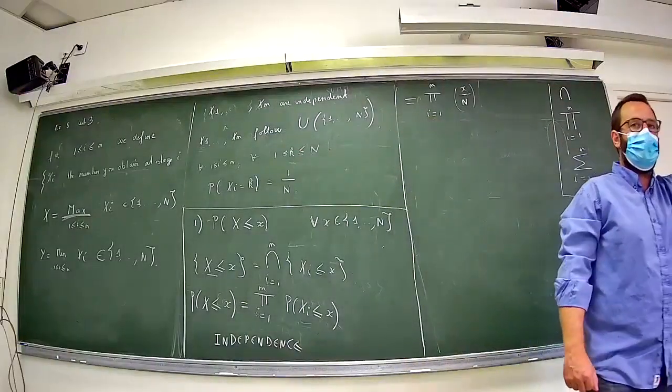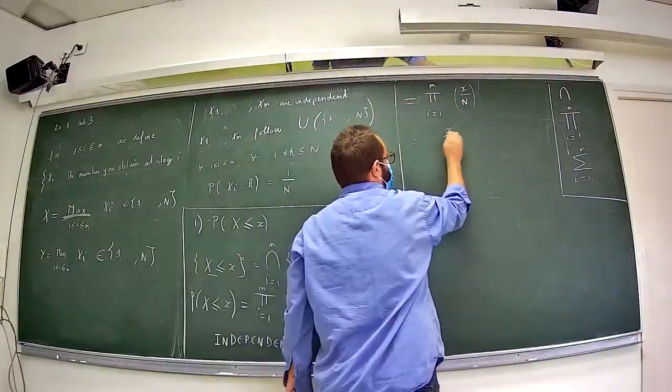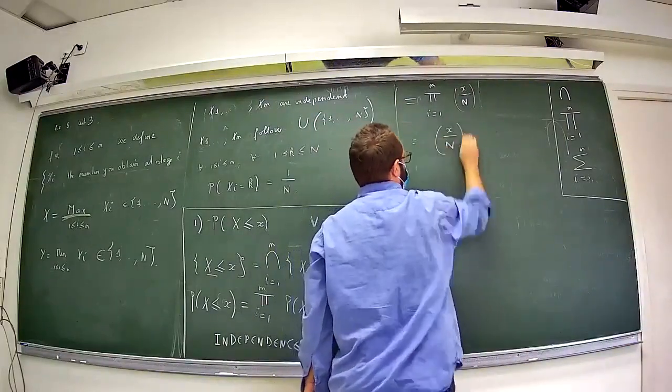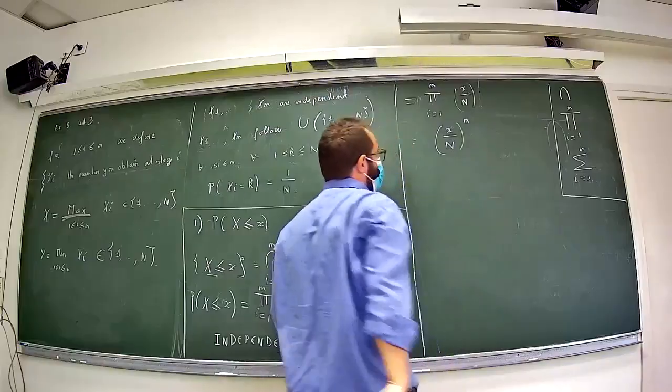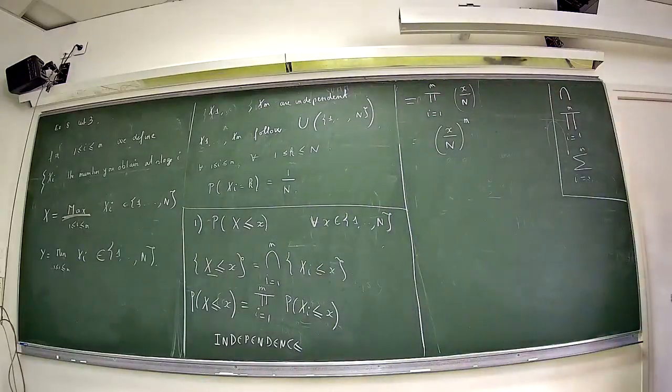And so I can express this using a power, using the fact that I have the product of small n terms, each of them being equal to small x over capital N.